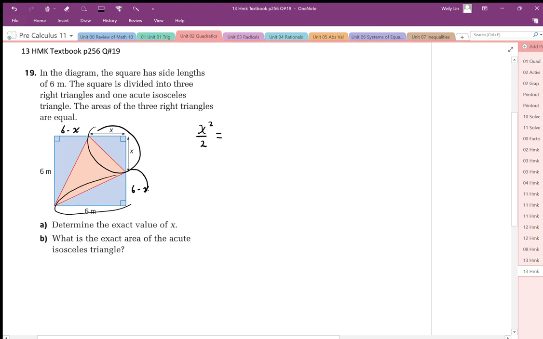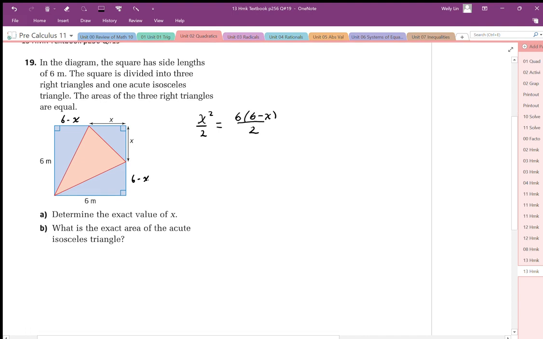To get the length of this unknown side, we have to take the original length of 6 and minus x. So that little length there is 6 minus x. So we end up with the area of the triangle is 6 times 6 minus x, divided by 2. And then we can solve for the value of x based on that relationship.